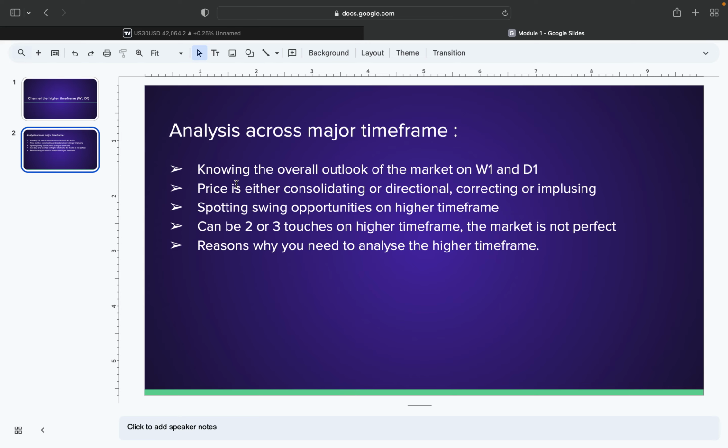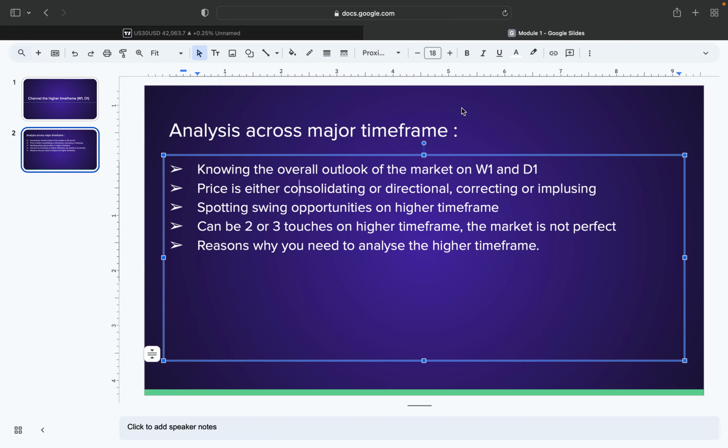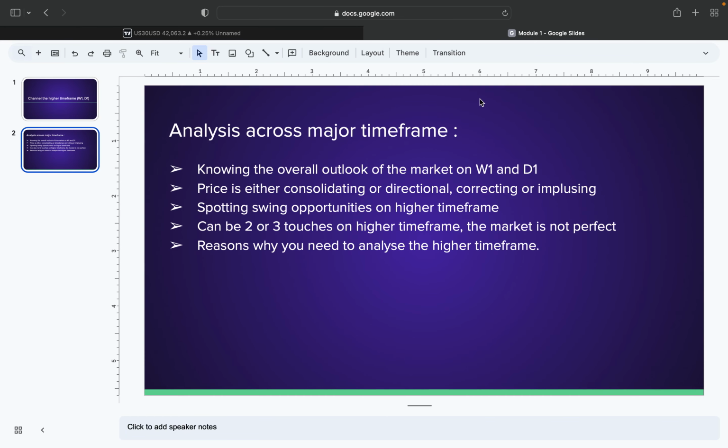So secondly, is to know whether price is consolidating or is now in a directional move, or whether price is correcting or impulsing. Because it's either price is correcting or impulsing. Yeah, most times during correction price is consolidating too. So that is why we do this during our analysis across this major time frame.